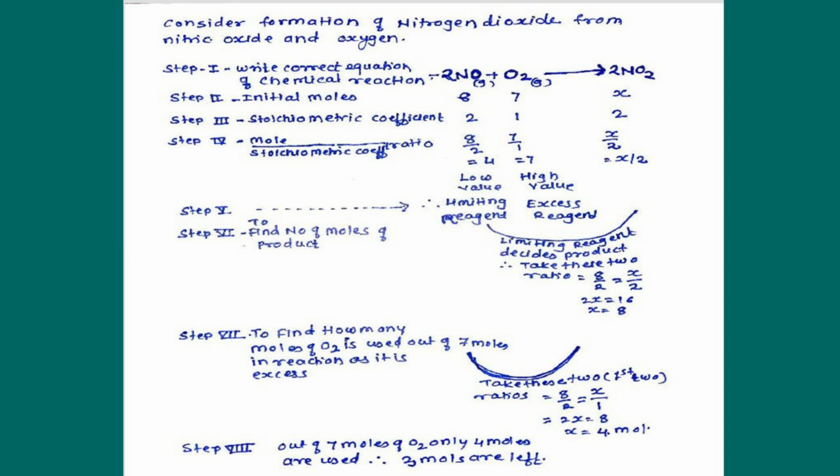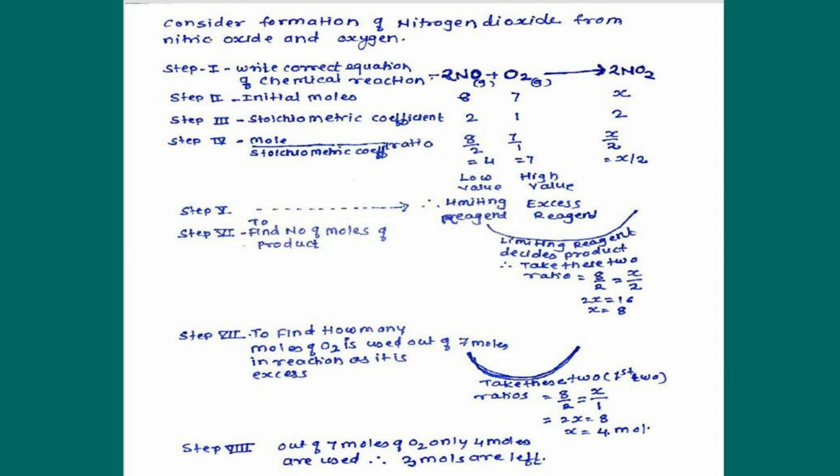Here nitric oxide has ratio 4, oxygen has ratio 7. So out of these two, nitric oxide has the lower value of this ratio. So NO, that is the nitric oxide, is the limiting reagent, whereas the value for O2 is high, therefore oxygen is excess reagent.